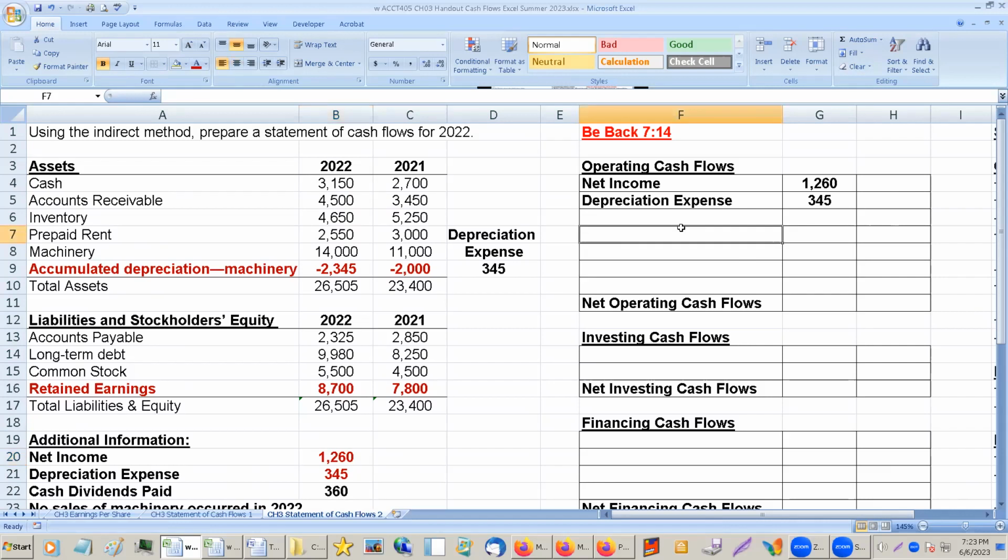Okay, let's see, we need our current assets.